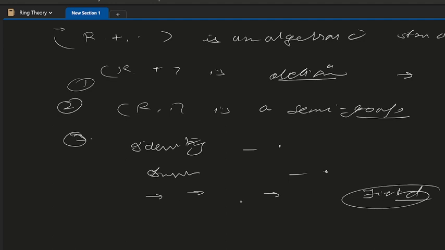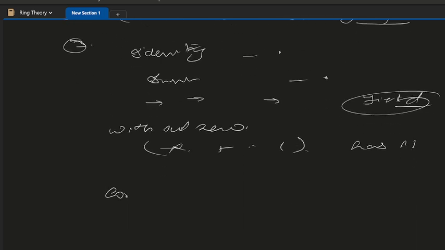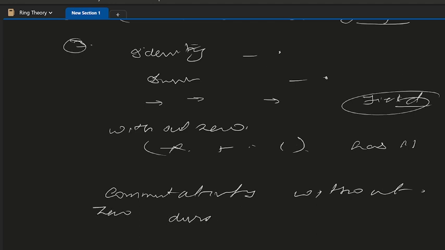So there are basically 12 properties, along with the absence of zero divisors. If a commutative ring with dot has the properties, commutativity along with no zero divisors, then it may be called an integral domain.